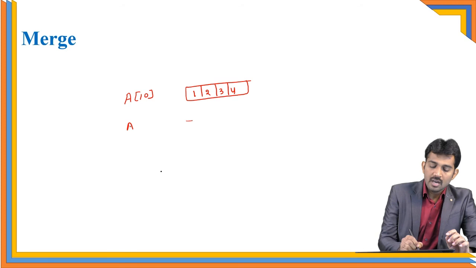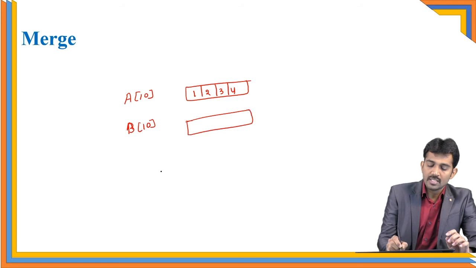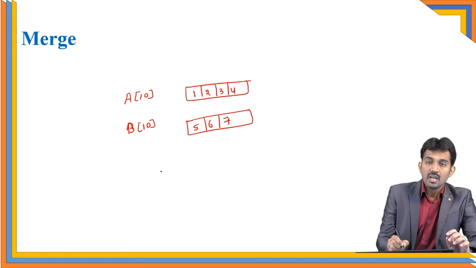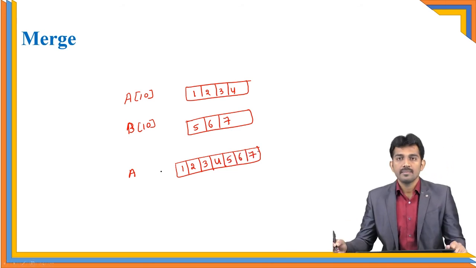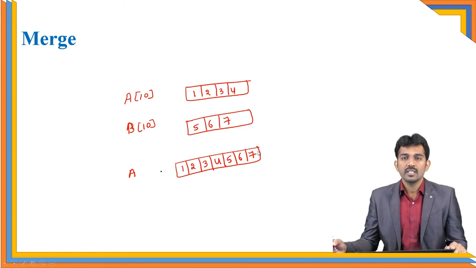And this is array B of size 10, but it contains only 3 elements: 5, 6, 7. My resultant array A should be 1, 2, 3, 4, 5, 6, 7. Right? This is my array.